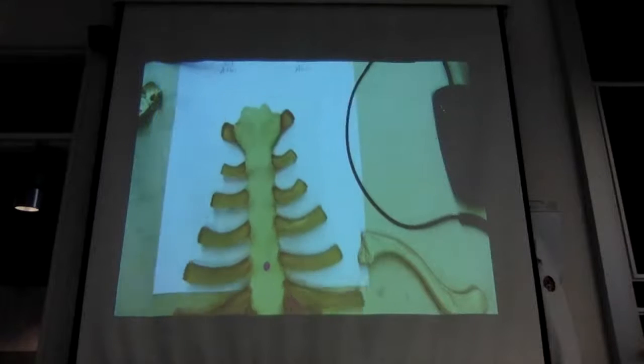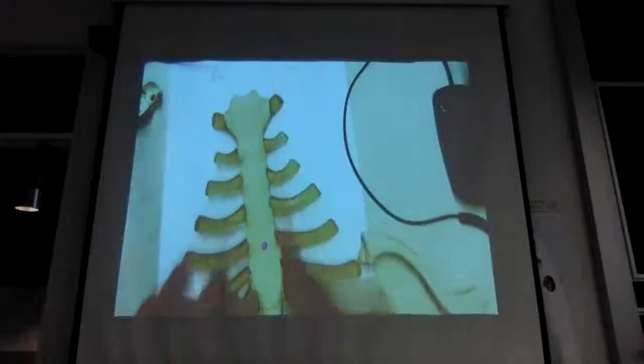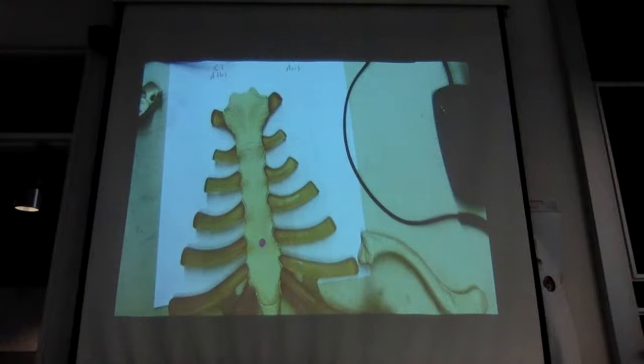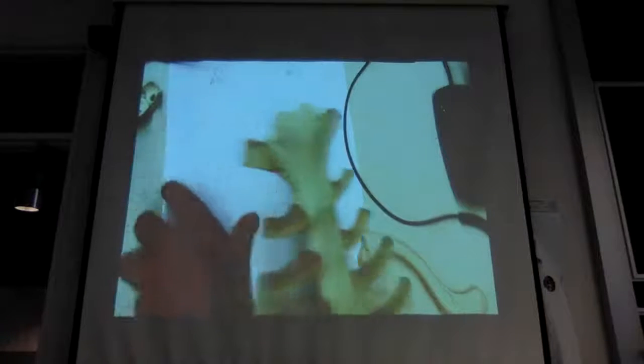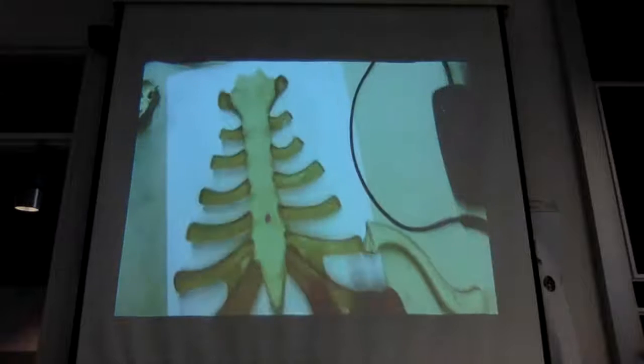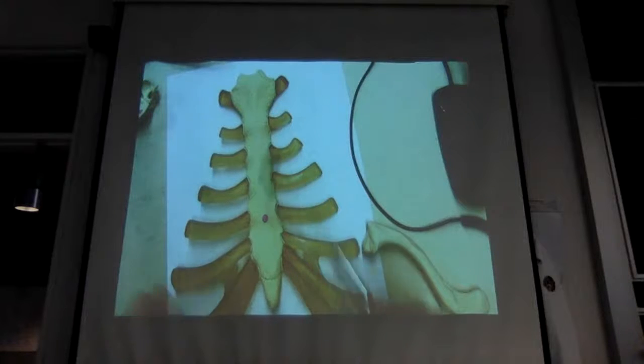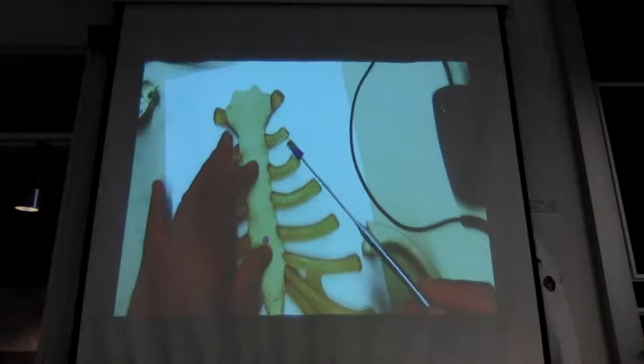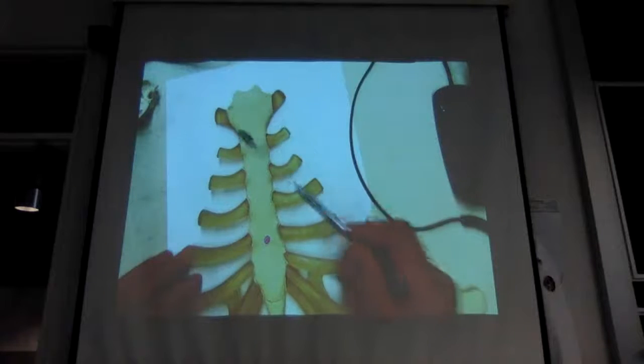What bone is this? Sternum, and what are these cartilages called? They're called costal. Costal means rib, C-O-S-T-A-L. These are costal cartilages. Costal cartilages attached to the rib. What is, sorry, not rib, to the sternum. What is this part of the sternum called?